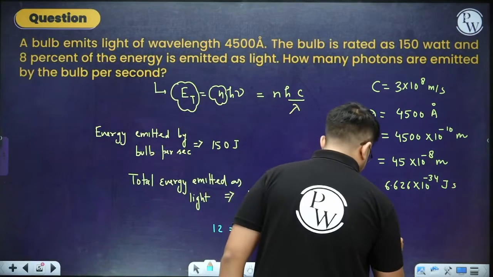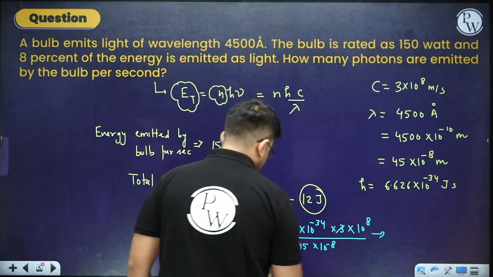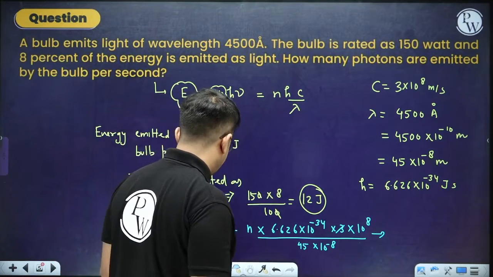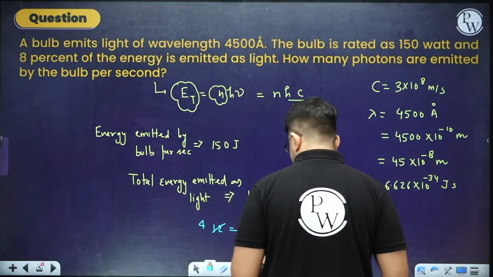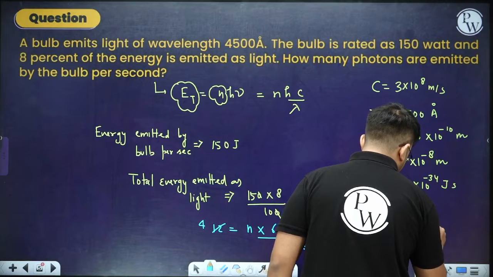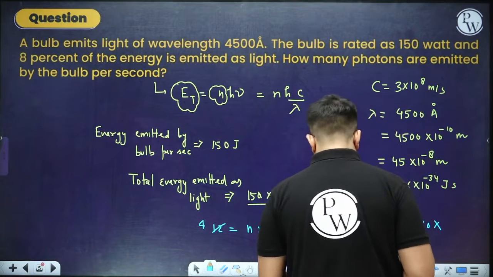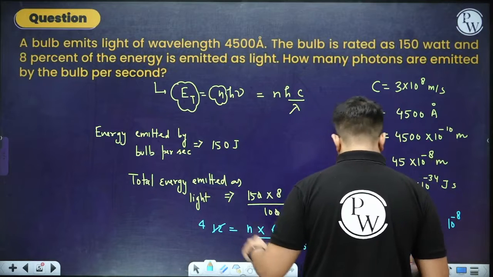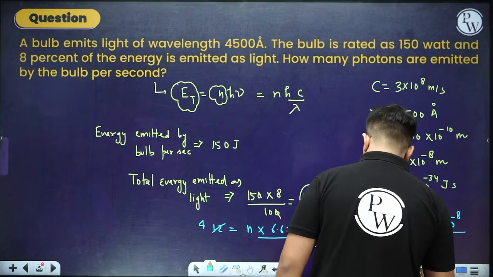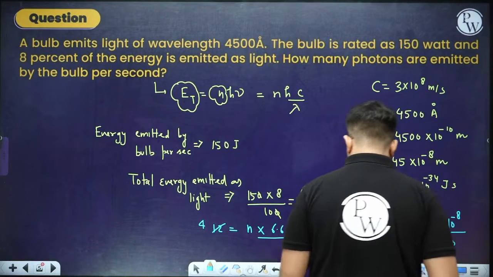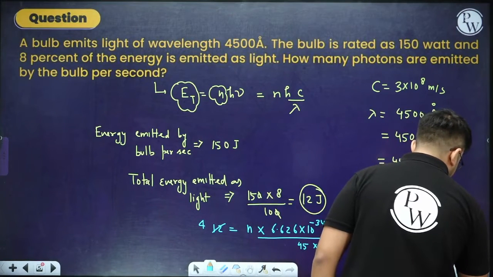So first of all, 3 4s are 12, yes. 45 is going to be 90, 180. So n is equal to 180 × 10^-8, and then the entire value is divided by 6.626 × 10^-34.